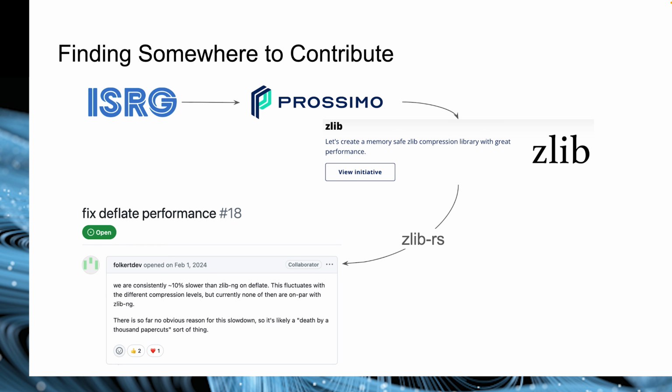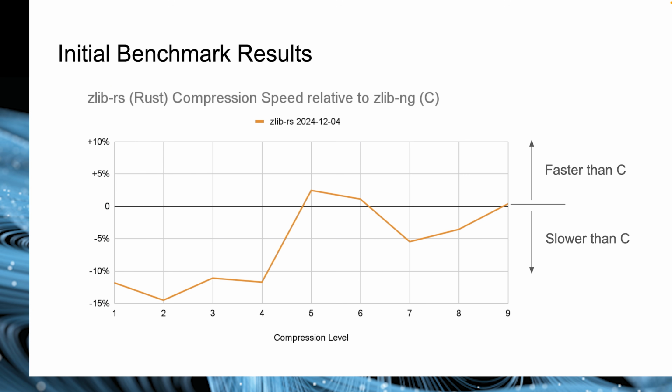I downloaded the code and tried to get familiar with the software and how it performed. Here's the result of the first benchmark runs I ever did on zlib-rs compared to its C counterpart. What I quickly saw was that zlib was supporting 9 different compression levels.